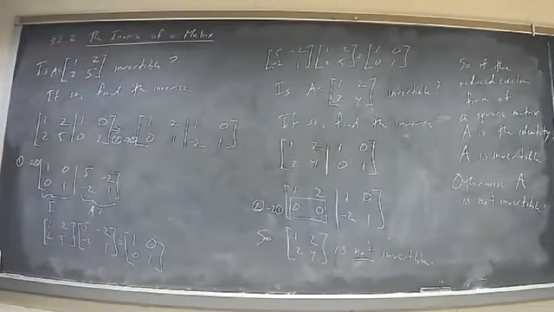If you don't, it's not invertible. In this case, there's no way to row reduce the matrix [1, 2; 2, 4] to the identity because its reduced echelon form is not the identity. We do not have a pivot position in the second row or in the second column. So it's not invertible.